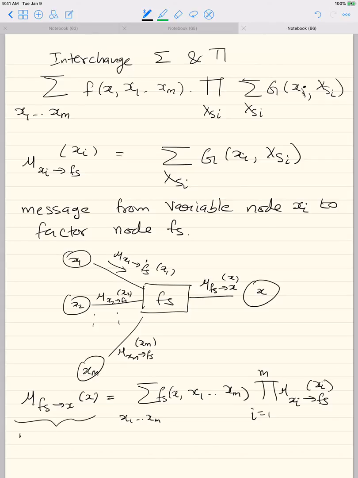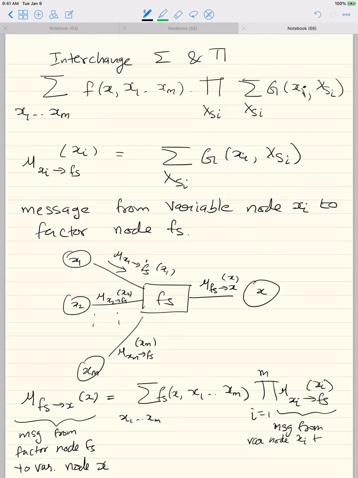So this is the message from factor node fs to the variable node x. This is the message from the downstream variable nodes xi to the factor node fs, and this is the factor node fs itself.